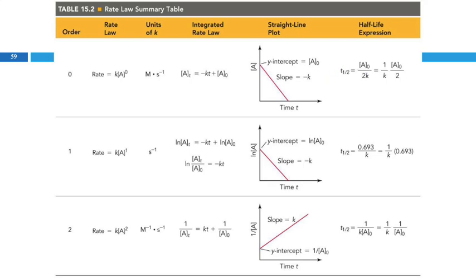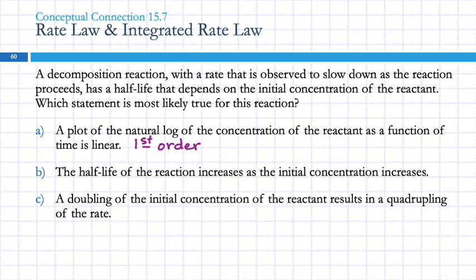It's this 0, right? So this is describing a 0 order. A doubling of the initial concentration of reactant results in a quadrupling. What is that statement true of? Second order.